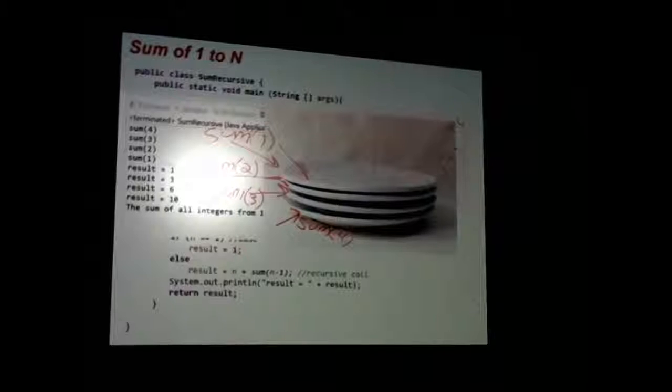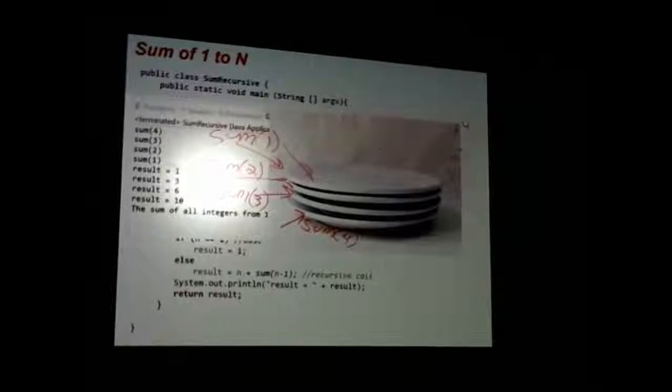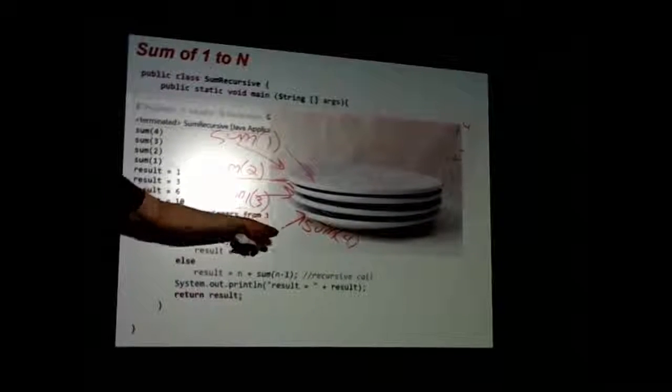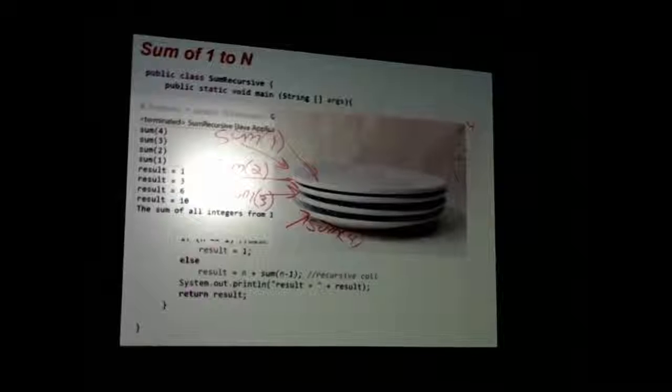As soon as the base case is reached, and the base case is set by the programmer, we could have arbitrarily set the base case as 2, and then 2 would have been the top. But top is usually the lowest number in the base case. So 4 is the bottom, 1 is at the top, so sum of 1 is the first one we get back, because that's the first one that the compiler can report.